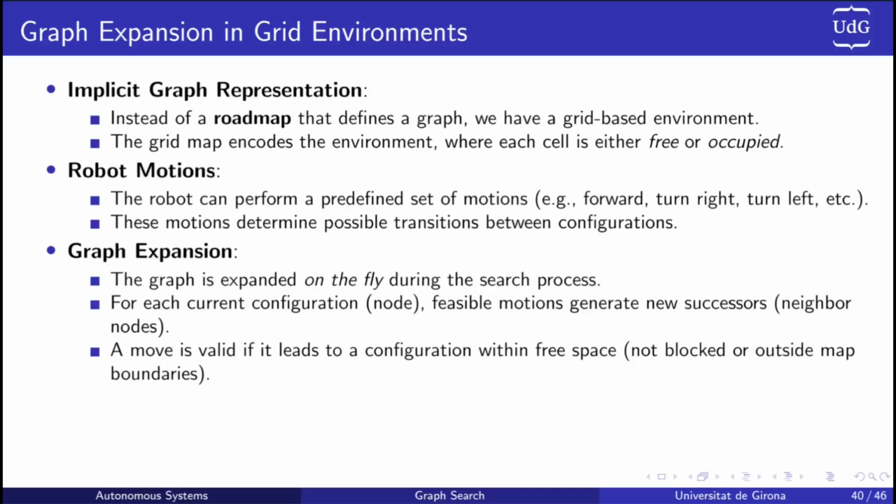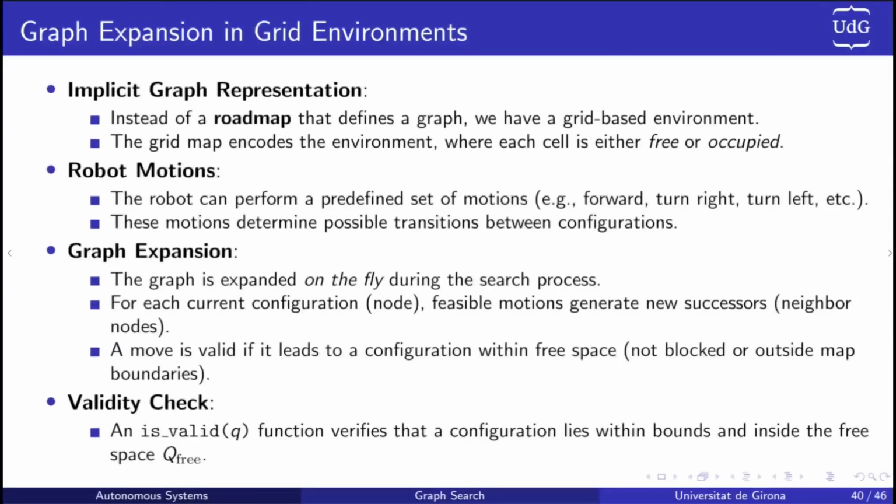Instead of going to the graph and asking, tell me all the neighbors for this particular node, we are going to expand using the robot motions. From this position, I can reach these configurations, nodes, whatever you want to call them, according to the available motions that I have. And what we need to see is whether this motion is possible in this particular state.